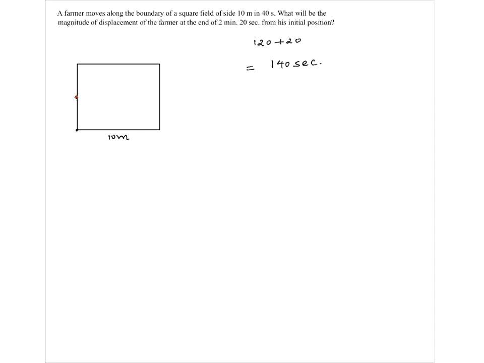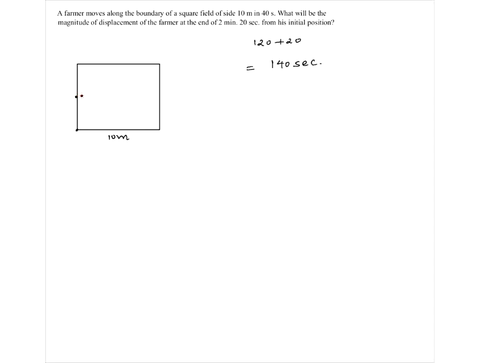If you agree that it is this case, then what should be the answer? If you don't agree, you must tell me why. If you agree farmer is here, then how can it be 35?